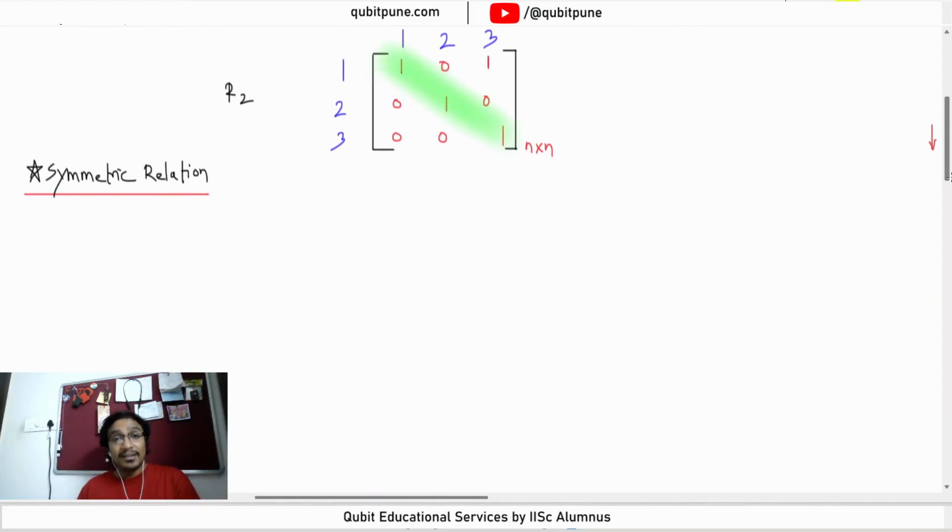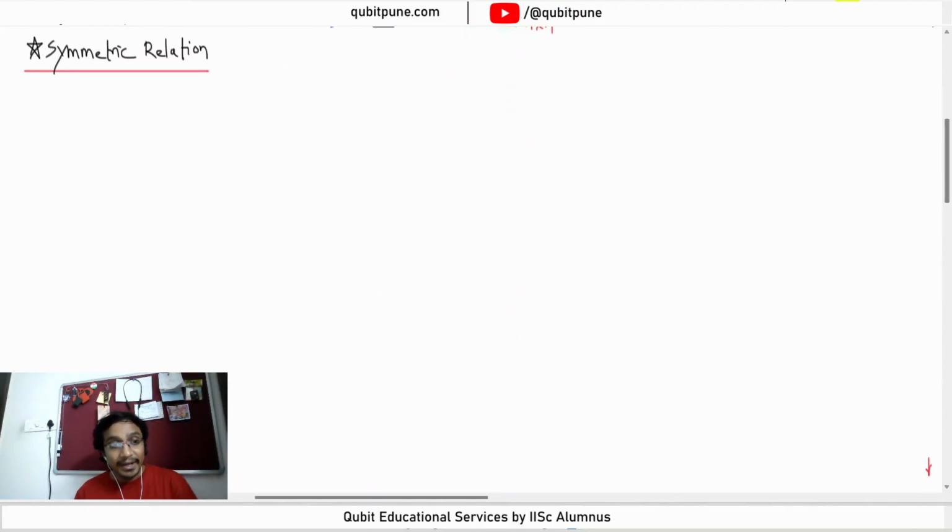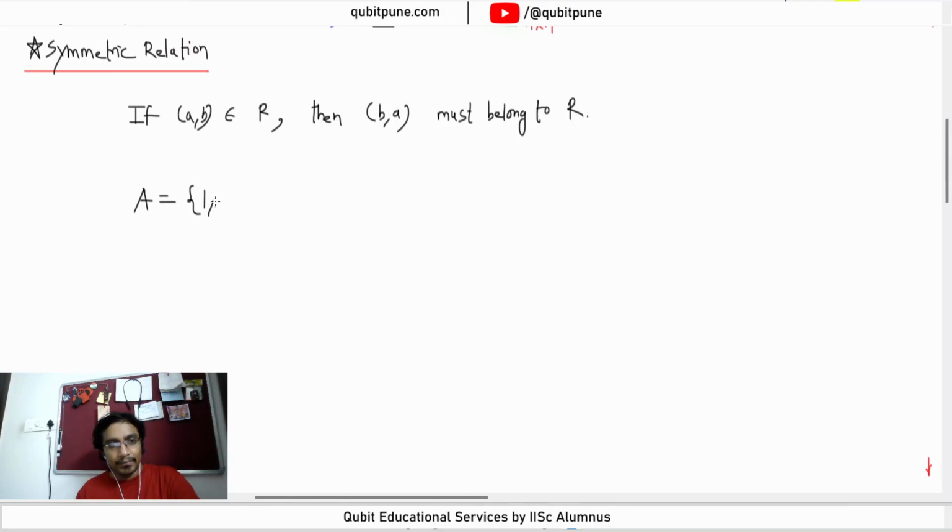Okay. Symmetric. Now in a symmetric relation there is no such requirement that it should be valid for all. For a symmetric relation, if (a, b) belongs to R, then (b, a) must belong to R. Which means suppose A is {1, 2, 3}, and suppose R1 is {(1, 2), (2, 1)}.